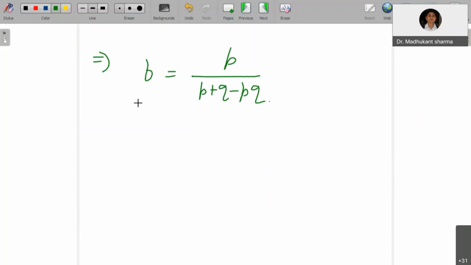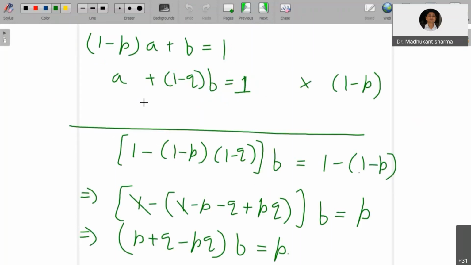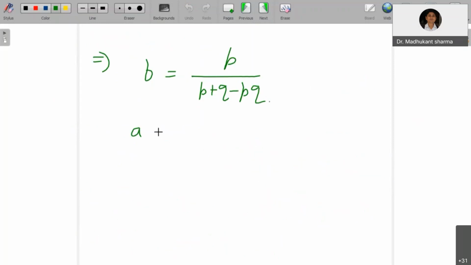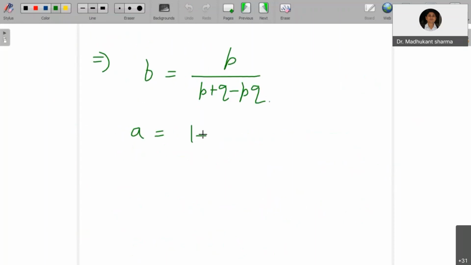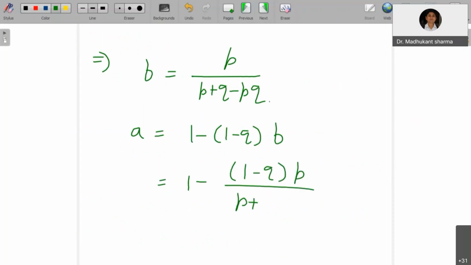Okay, now when you have b, you can have a. So what is a? Now a is equal to 1 minus, from the second equation, 1 minus q times b. So this is equal to 1 minus q times p divided by p plus q minus pq.